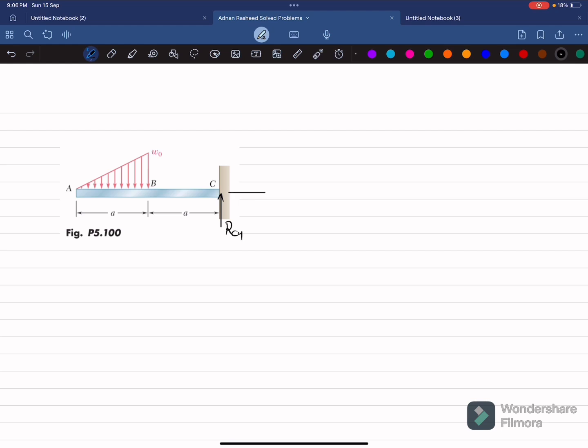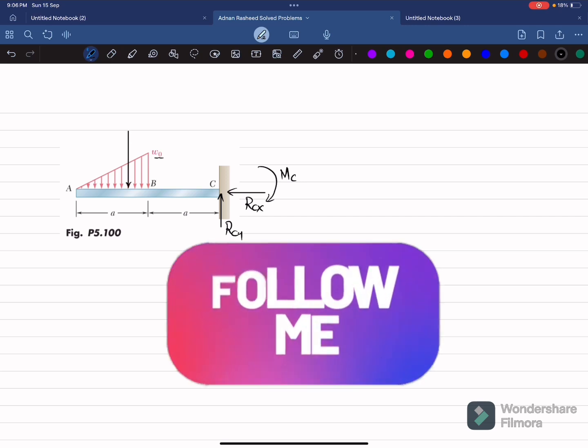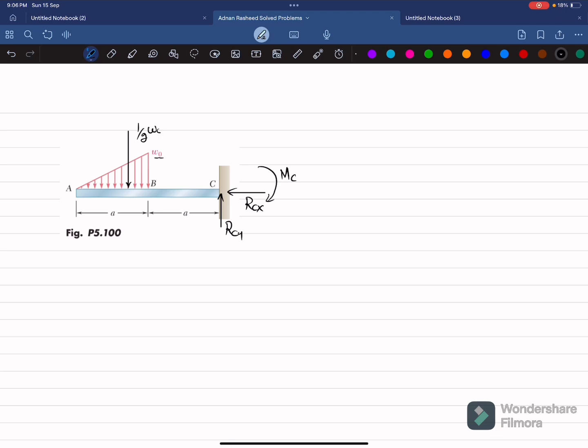You will be having a horizontal reaction force RCX, and you will be having a moment MC. Now this is a triangular load, so when converted into a point load, it will be equal to 1 over 2 W naught, and the length is a, and that will act at a distance of a by 3 from this side.